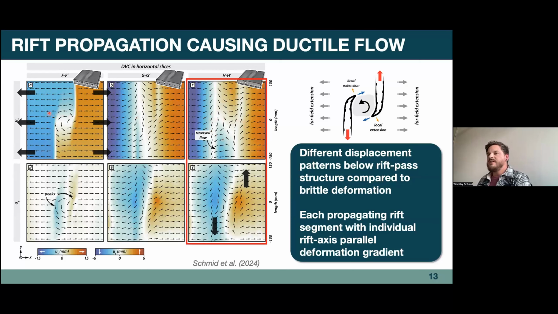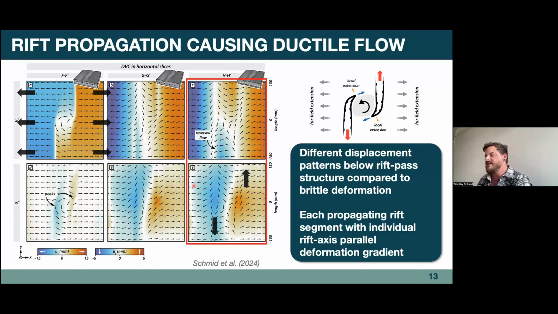If we compare the extension parallel displacement direction with what we see in the upper crust, we see that in the lower crust we have domains below the rift path structure which show an opposing flow direction compared to how the material is stretching at the surface.